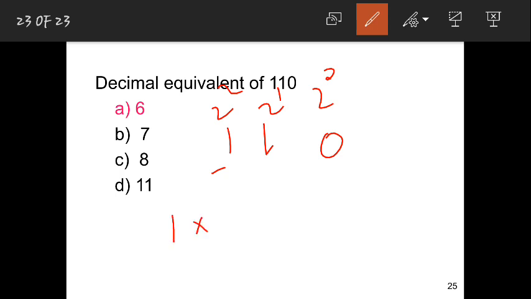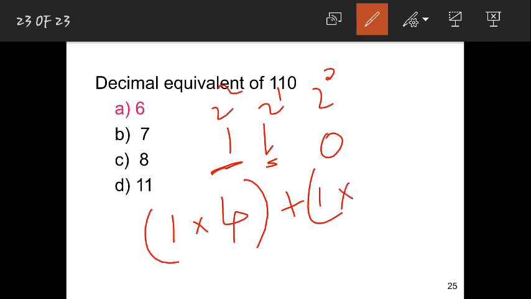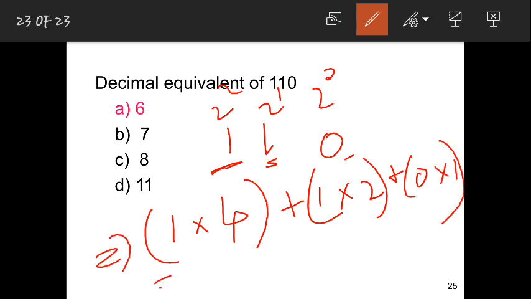So 1 into 2 to the power of 2 means 4, plus 1 into 2 to the power of 1, that is 2, plus 0 into 2 to the power of 0, that is 1. That is 1 into 4, you get 4, plus 1 into 2, 2, plus 0 into something is 0. So the answer you are going to get is 4 plus 2, that is 6.